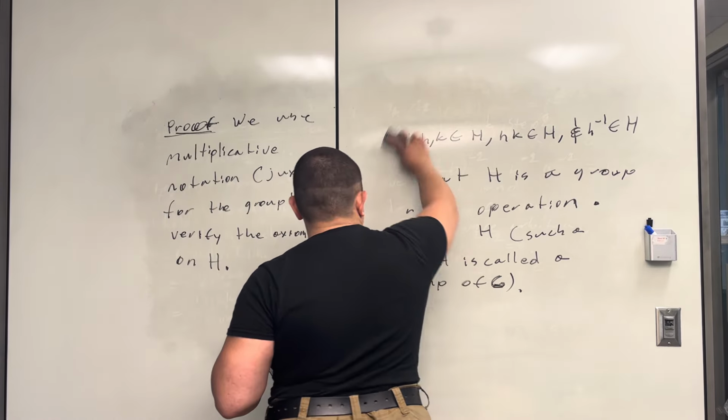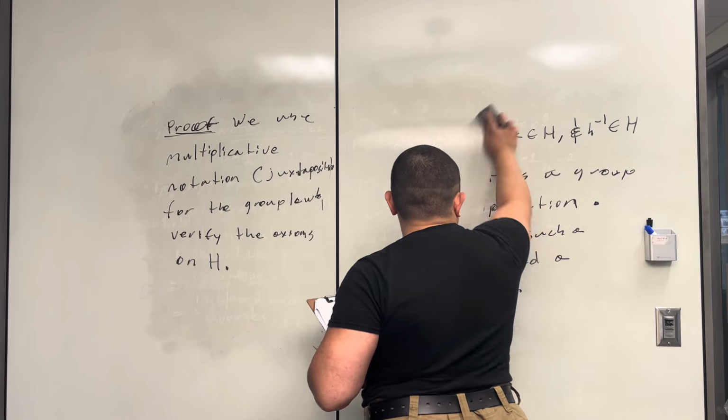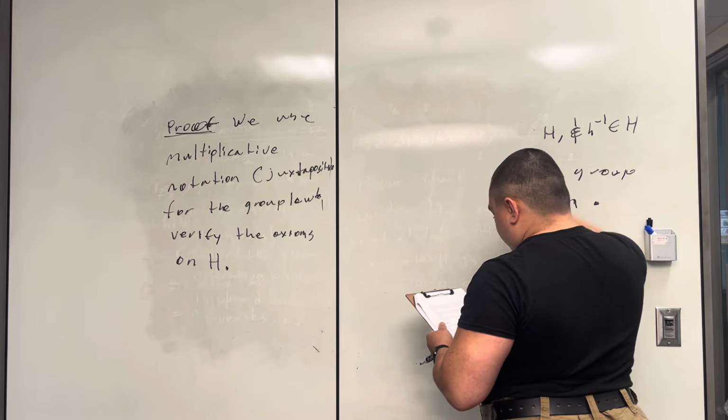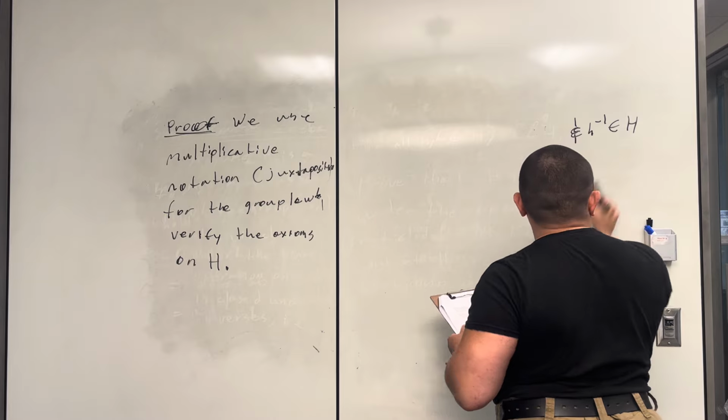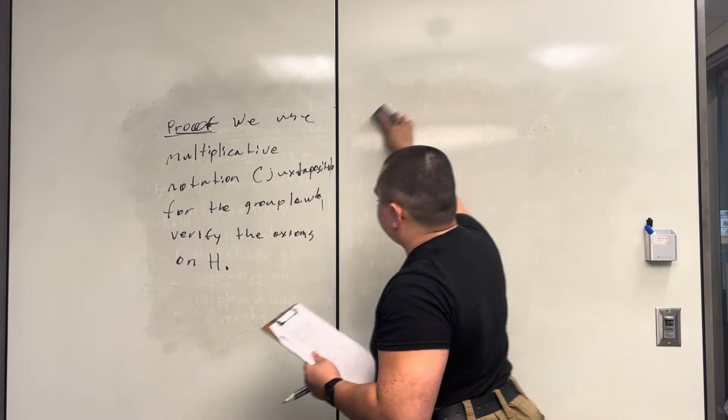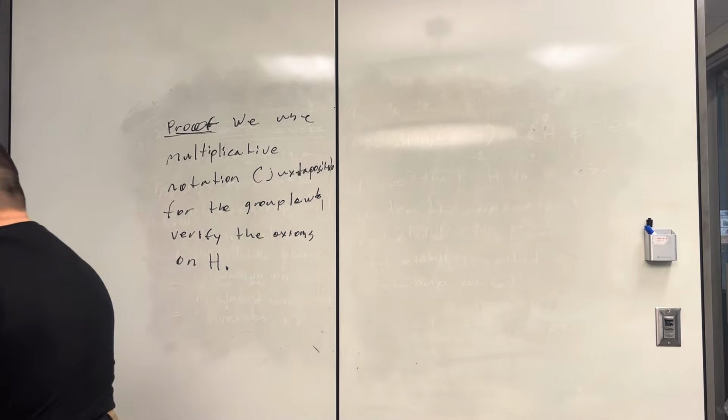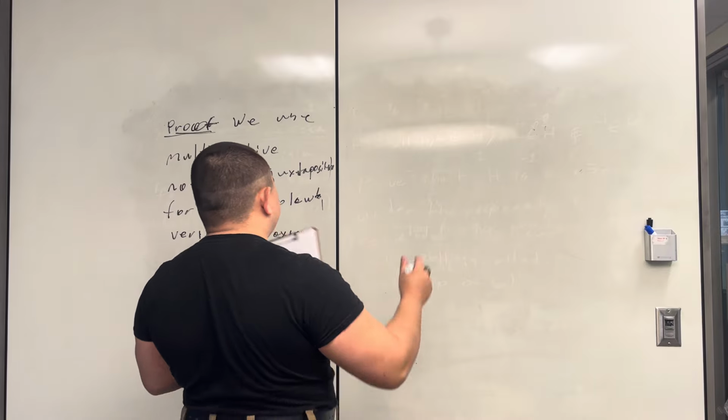So let's start with associativity, since we kind of guessed that it inherits that from G, right? I mentioned that in the intuition part of this.